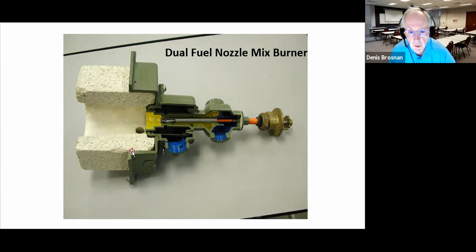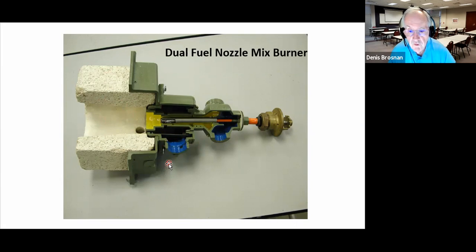It's a nozzle mix burner because you can see the air inputs. There are 2 of them here, and the air in the primary input comes here and shrouds the flame around here. So it's 360 degrees shrouding the flame as it comes out into the burner.